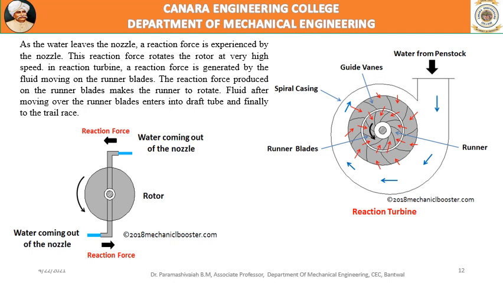See, water enters at the center, and then the water comes out of this nozzle with high velocity, say along this peripheral or tangential direction. When the water leaves this nozzle at high velocity, there will be a reactive force which pushes this in the opposite direction and makes it rotate.